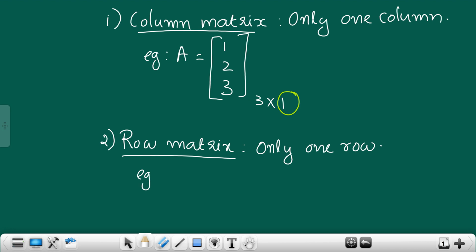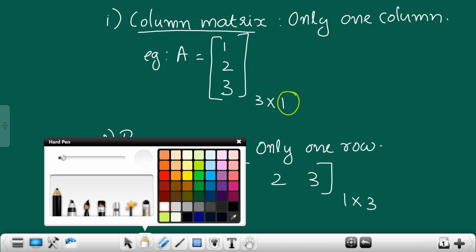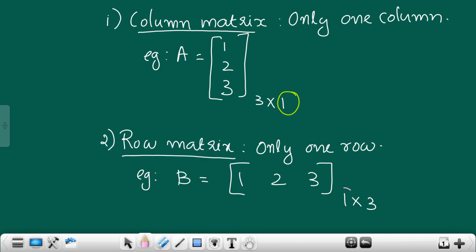For an example, matrix B equal to 1, 2, 3. Here order of the matrix is 1 row and 3 columns, so 1 by 3. Here number of rows is 1, so this is an example for a row matrix.